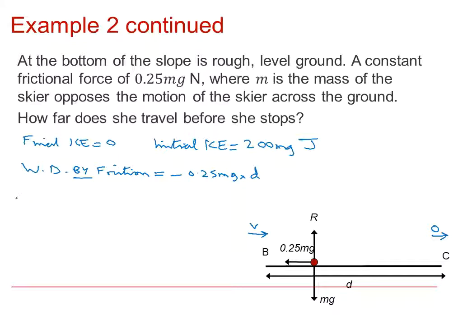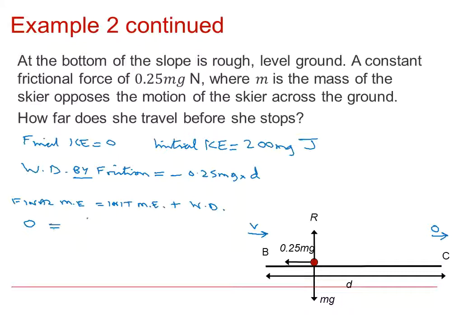Now when we look at our work energy principle, we've got final mechanical energy equals initial mechanical energy plus work done by the resistance. For the final mechanical energy, there is no potential and there's no kinetic at the end.